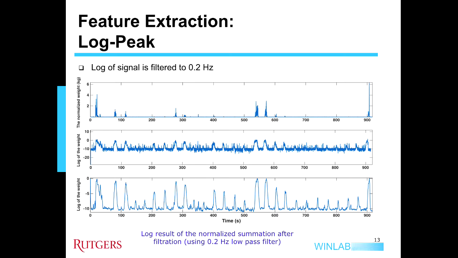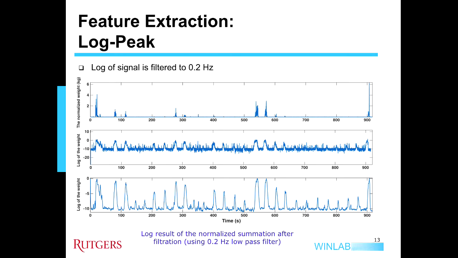The problem with the previous two is that sometimes we have very tiny, small motion that's not easy to detect or see with the previous two features. So we applied a log scale to amplify the small motions and keep the large motions seen. This is the best feature we have.